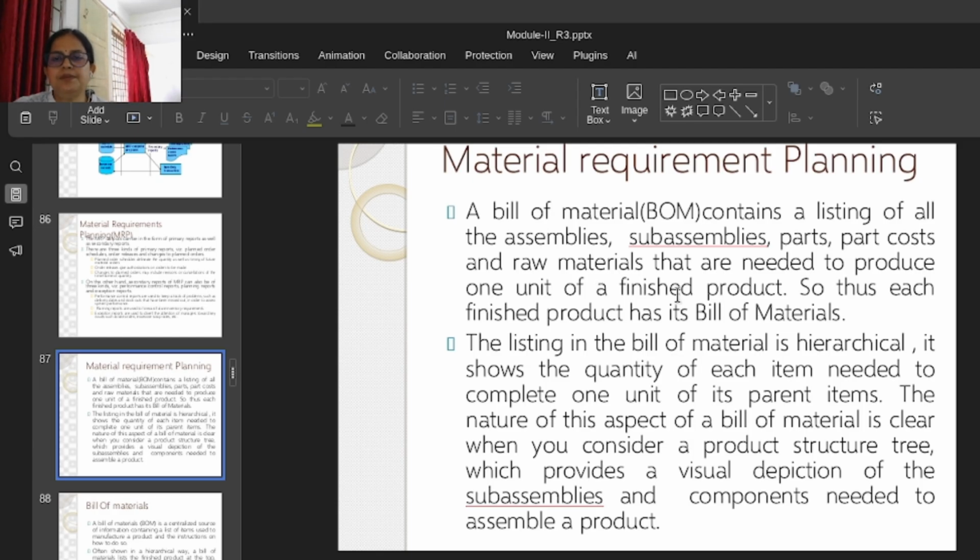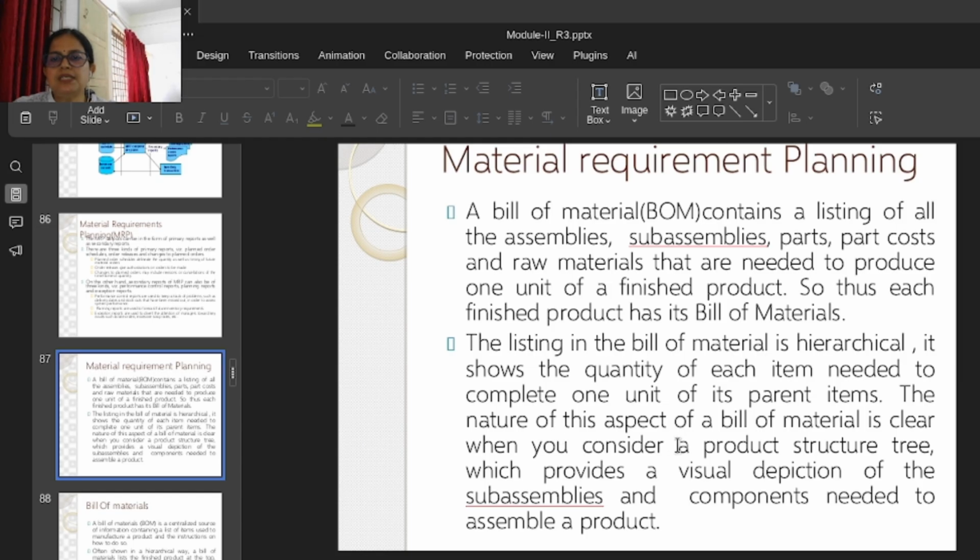If you are producing a finished product, what are the parts, what are the assemblies, what are the sub-assemblies, what are the components we need to manufacture, the end item is listed in the bill of material. The listing in the bill of material is hierarchical. It shows the quantity of each item needed to complete 1 unit of its parent item.